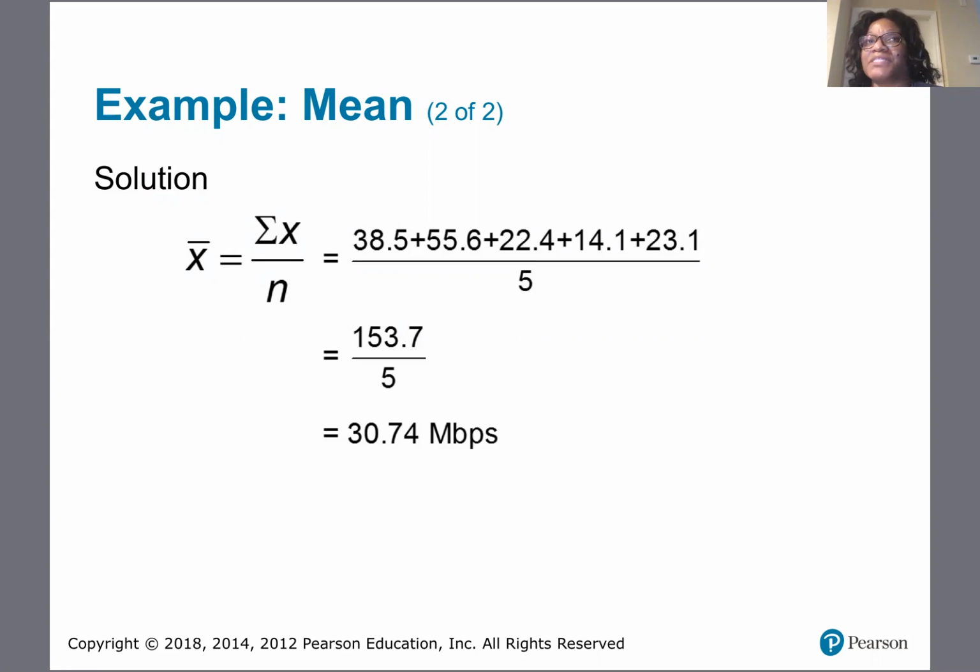We're going to add them together in the numerator, and we're going to divide by the total number of data values we were given, which is 5. So I'm going to add the data values together and divide by 5, and it's going to give me 30.74 megabytes per second. So the average airport data speed for Verizon is 30.74 megabytes per second.